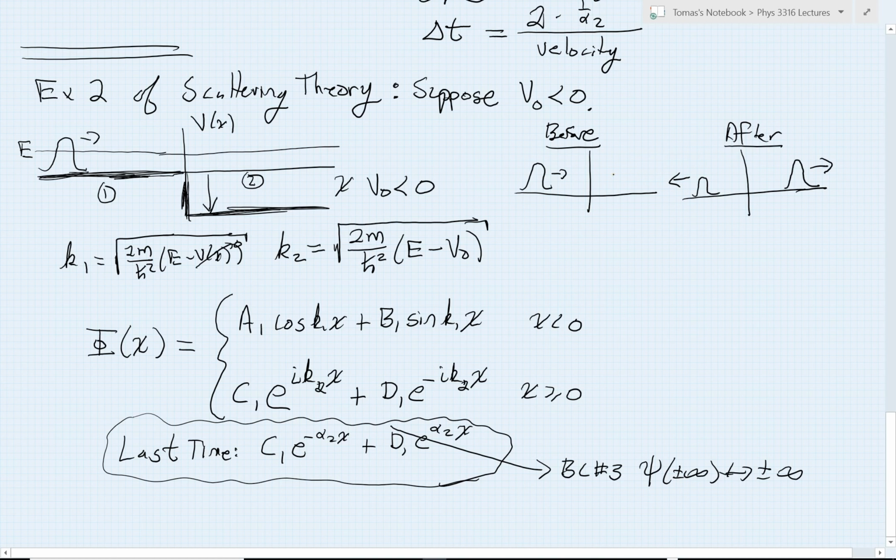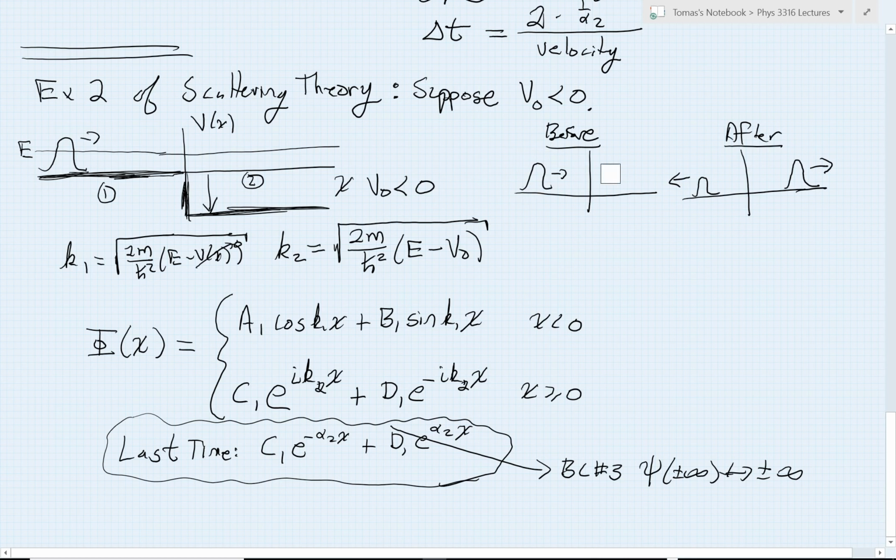Now, if we play the movie of this backwards, that would mean at very long negative times, this thing must have originated far out here and be traveling toward my region. But that would represent a very strange initial condition: an incoming packet on the left and an incoming packet on the right. That would mean my initial condition is where I don't know if my particle is starting out on the left or right.